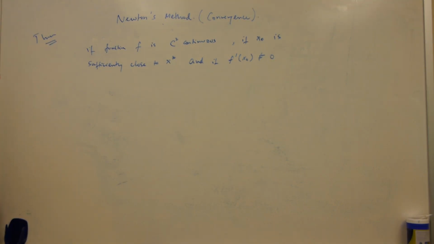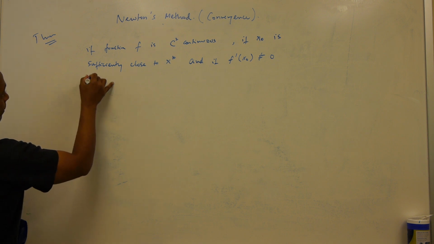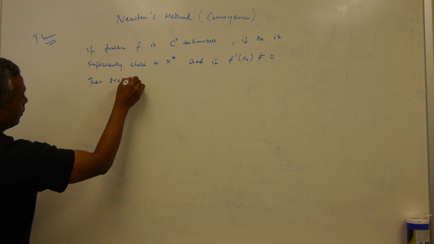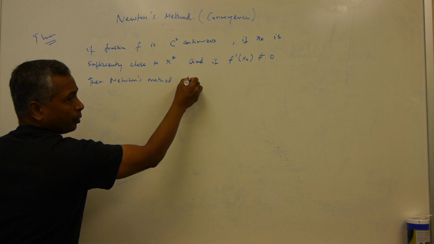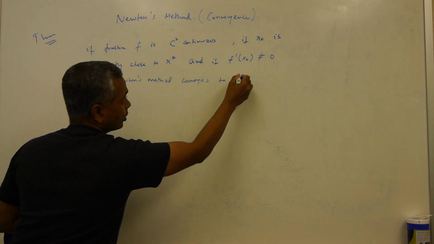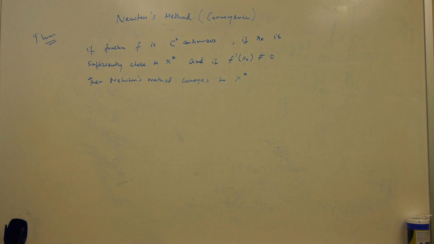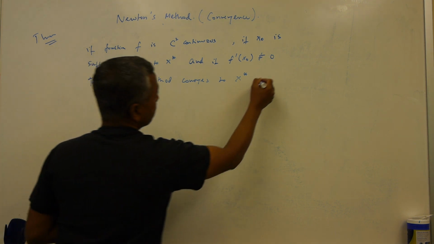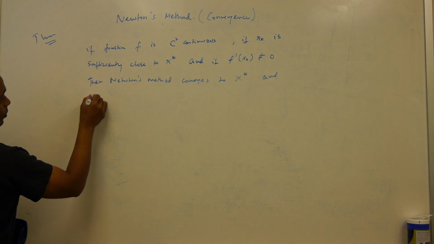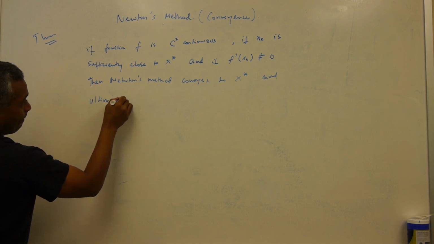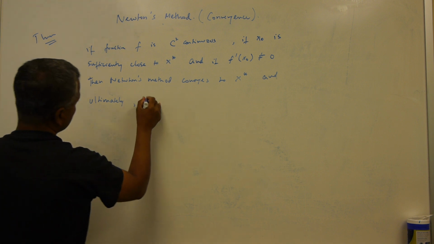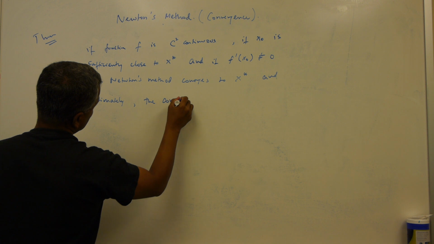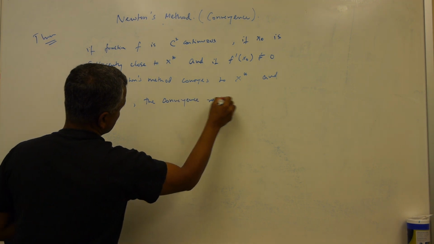Of course, if the derivative is 0, then you can't define the Newton iterate. Then Newton's method converges to x star. In other words, the method works, and ultimately, which means that once you've gotten sufficiently close to the solution, the convergence rate is quadratic.